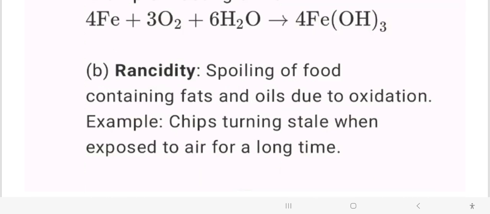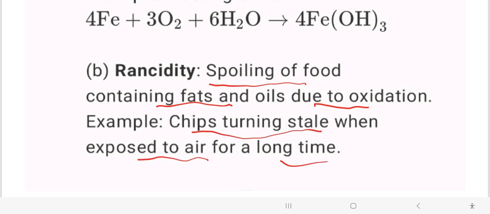So the next one, rancidity. What is this one? Spoiling of food containing fats and oils due to oxidation. So for this one, what is the best example? Chips turning stale when exposed to air for a long time, right? If you keep the remaining chips that are present in the packet outside, in just one day you can observe they lost their crispiness.